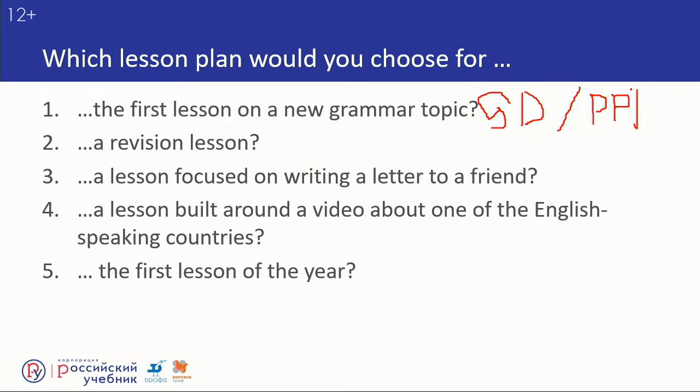If the grammar topic is quite simple, so the students can figure out the rule themselves, then I'd probably use guided discovery. I would probably use guided discovery with teenagers because teenagers are developing the capacity for critical thinking, and guided discovery is very good for the development of critical thinking.